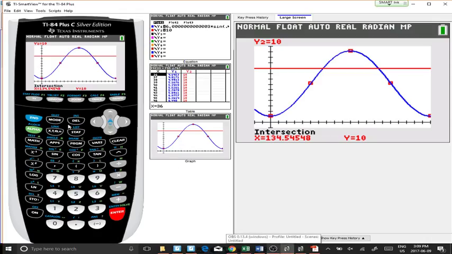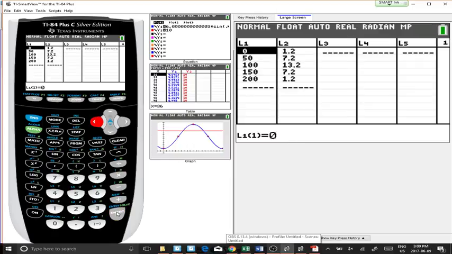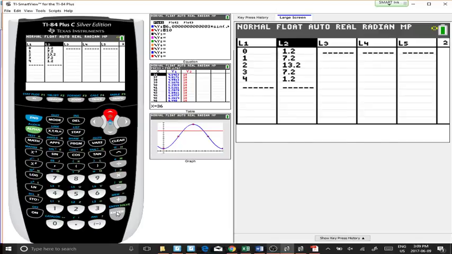So we're going to go stat, edit, and we have 0, 1, 2, 3, 4, and 10, 13, back to 10, down to 7, back up to 10.